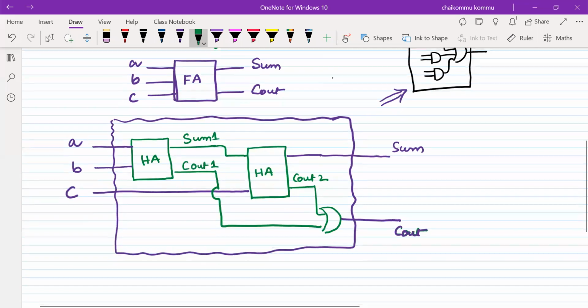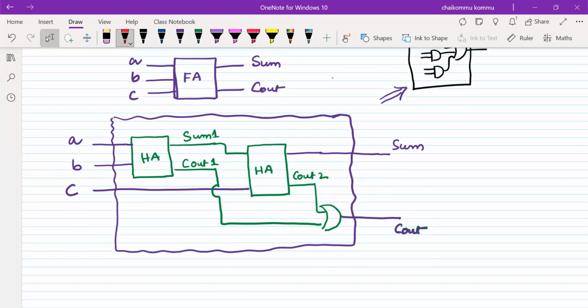Now the question is, as all of you know, the OR gate is a built-in primitive. So its operation is already known to the compiler or simulator. The synthesizer and simulator know the OR gate very well because it's a gate primitive.